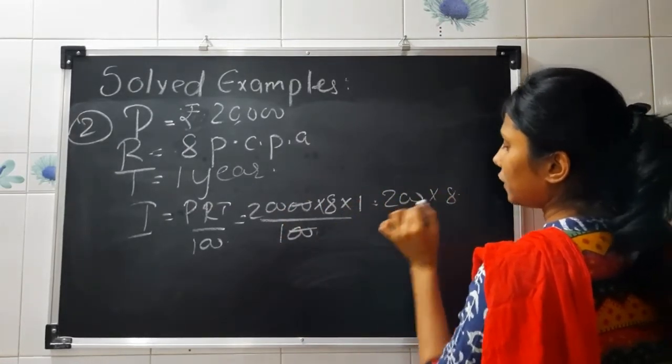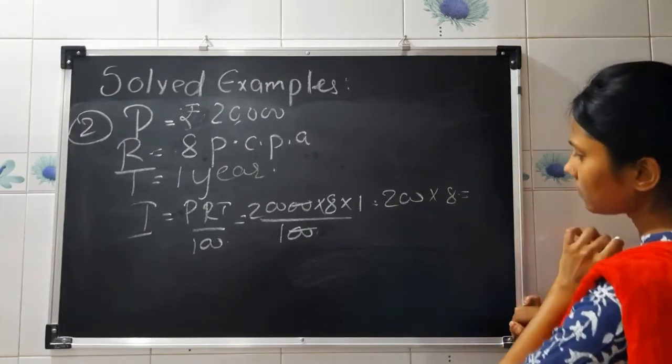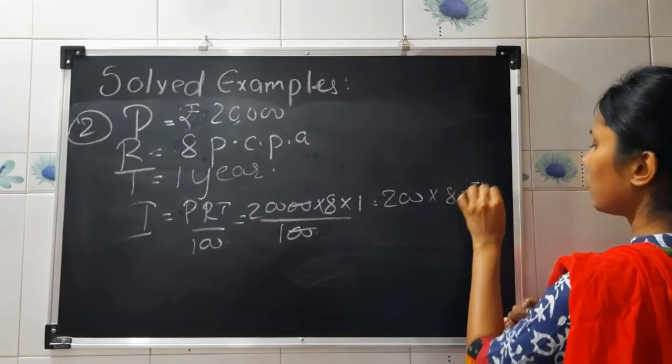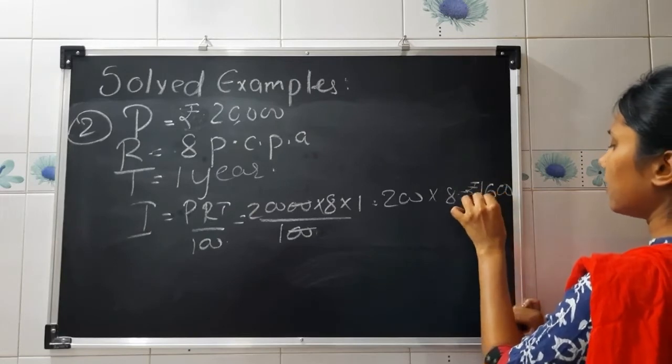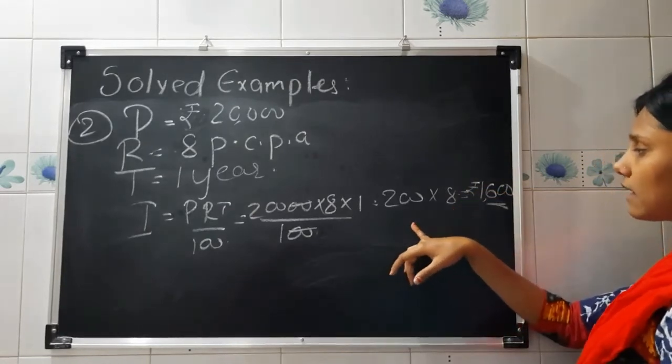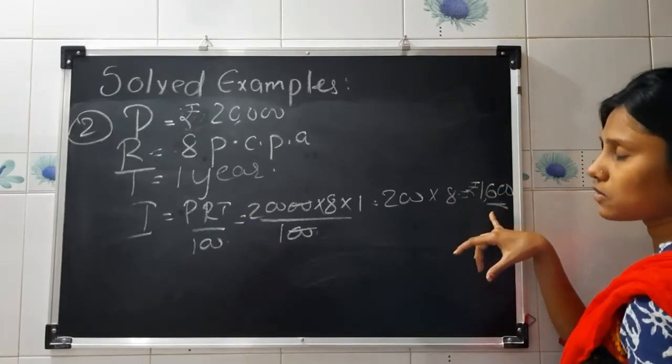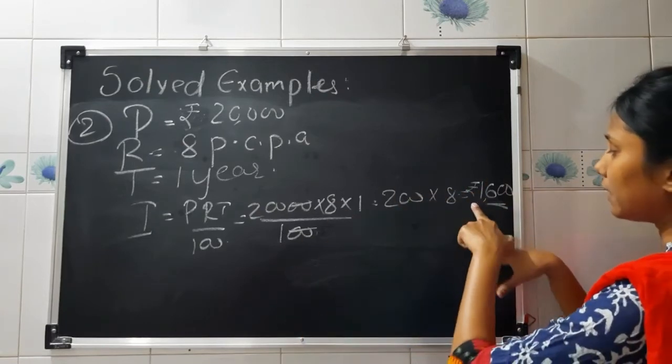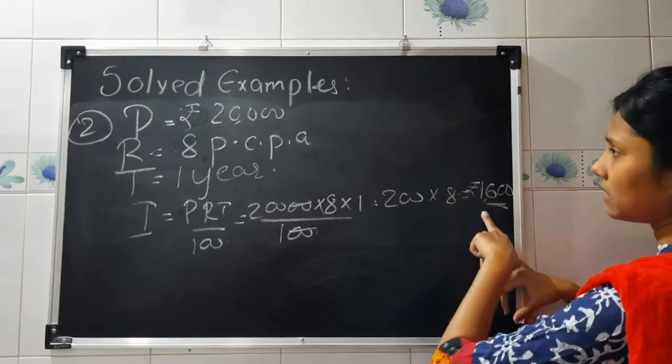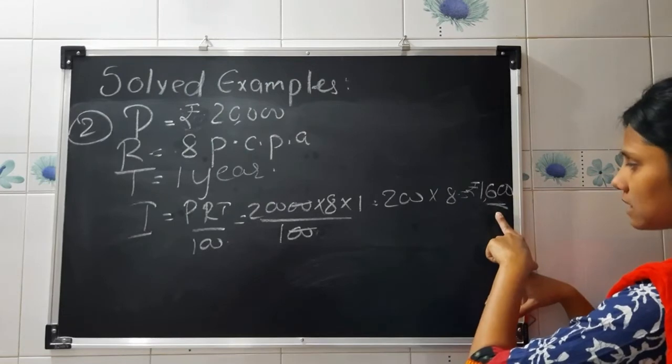So 200 into 8 is rupees 1,600. So he has to pay interest of rupees 1,600 against this 20,000.